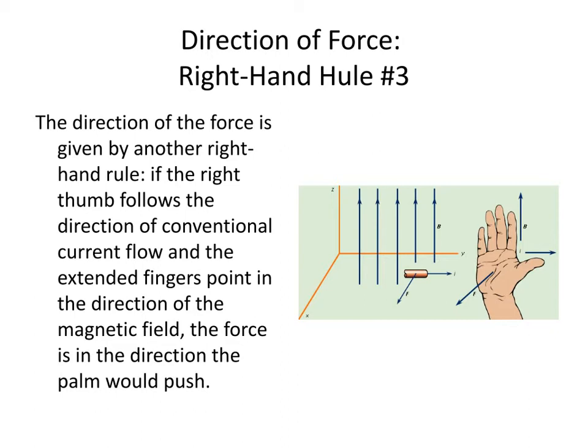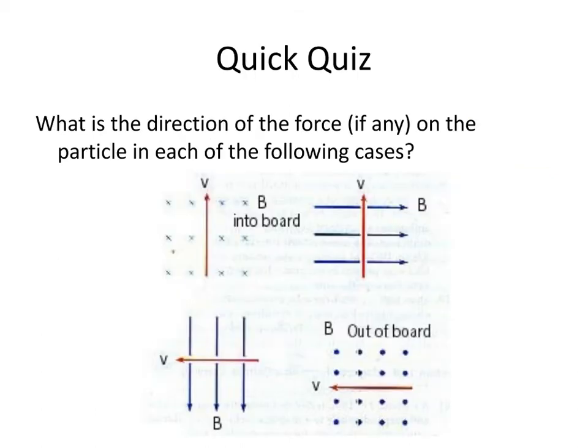With right-hand rule number 3, our fingers point in the direction of magnetic field. Our thumb points in the direction of the current, which is I, and the force comes out of our palm. So this is a three-dimensional rule. Let's try this one and see how we do.